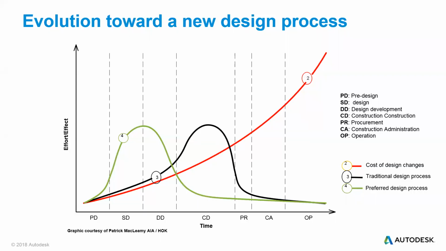So this is the McLeamy curve. Basically, this just demonstrates that as a project moves along through design stage, from your early design stage or pre-design stage, any design changes that occur, you can see as the red line increases, any design changes that occur either on site or at detailed design stage, it's obviously going to be more expensive and less efficient to make changes at those stages, purely because you're changing more detailed drawings, there's more information.